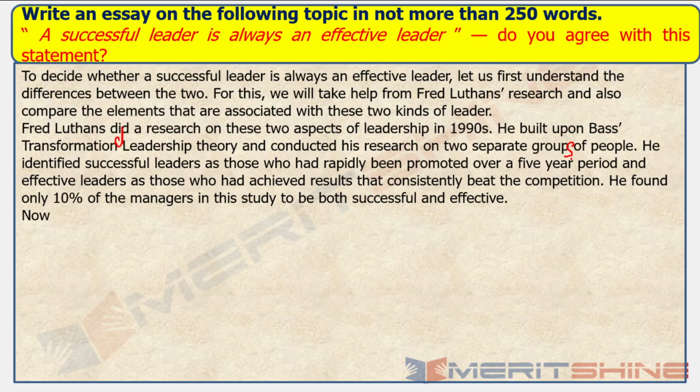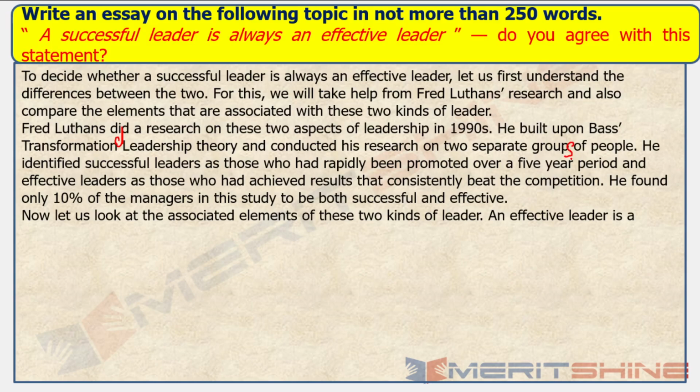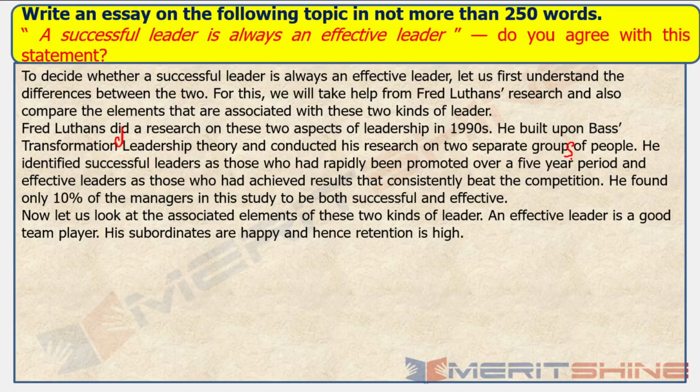Now let us look at the associated elements of these two kinds of leader. I am going to the next para where I take the elements associated with these two kinds, where I had told you that a successful leader is successful in the short term and an effective leader in the long term. So an effective leader is a good team player. His subordinates are happy and hence retention is high. These are the elements of an effective leader. He has proper successor planning.